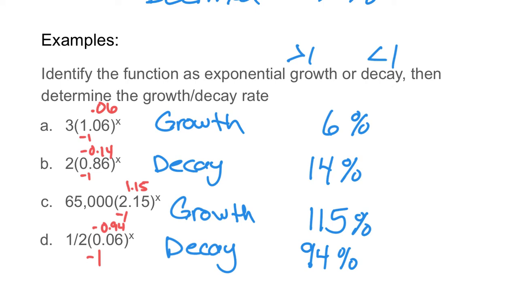To go from a percent back to a decimal, oh, I did that backwards. To go from a decimal to a percent, you do times 100. To go from a percent back to a decimal, you divide by 100. So remember, the decimal form is going to be smaller than the percent form as far as your number is concerned.